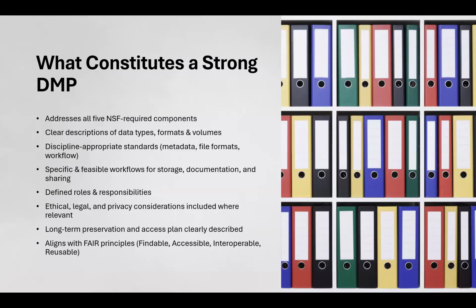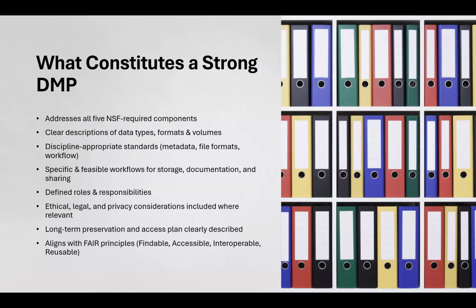So when you're working through your DMP, they're going to look for, and by they I mean your reviewers, feasibility and clarity in the data management plan. A strong data management plan will include clear workflows.